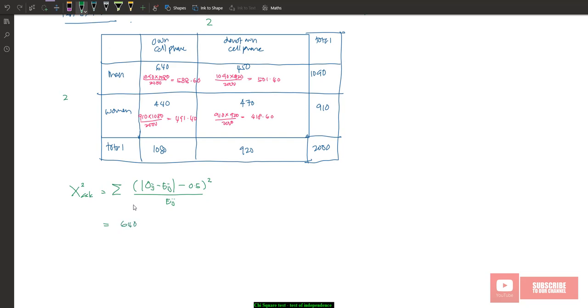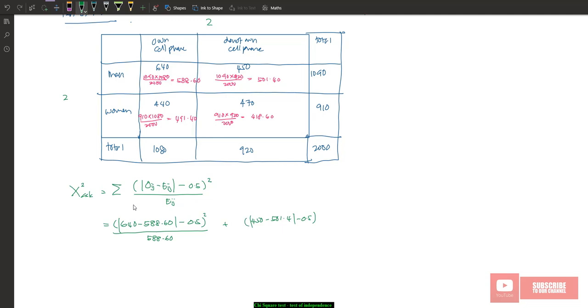So the first one is 640 minus 588.60, taking the modulus, minus 0.5, and then we take the square, divided by the expected frequency 588.60. This is plus for everything: 450 minus 501.4, taking the modulus, minus 0.5.